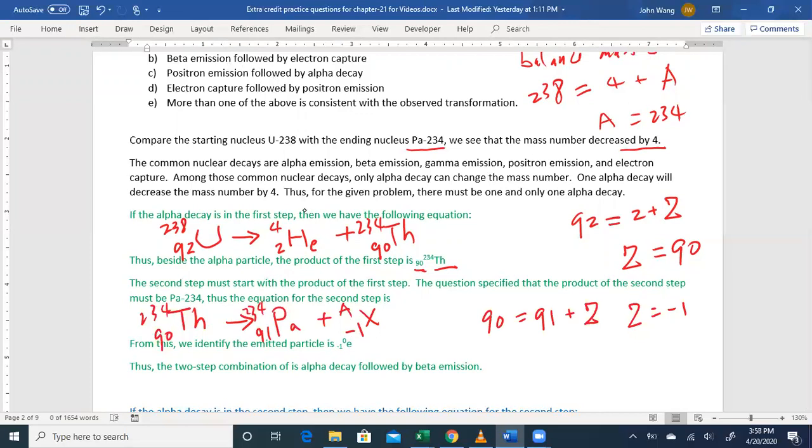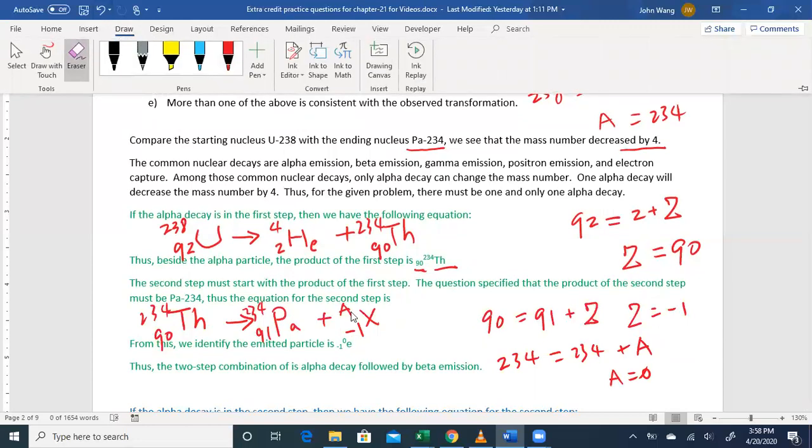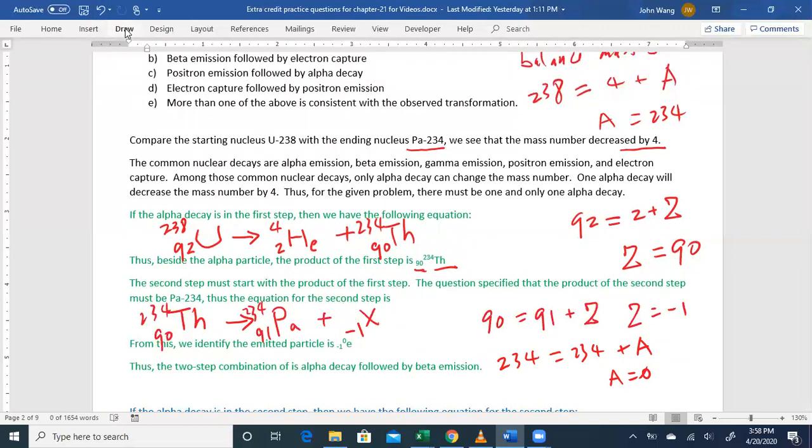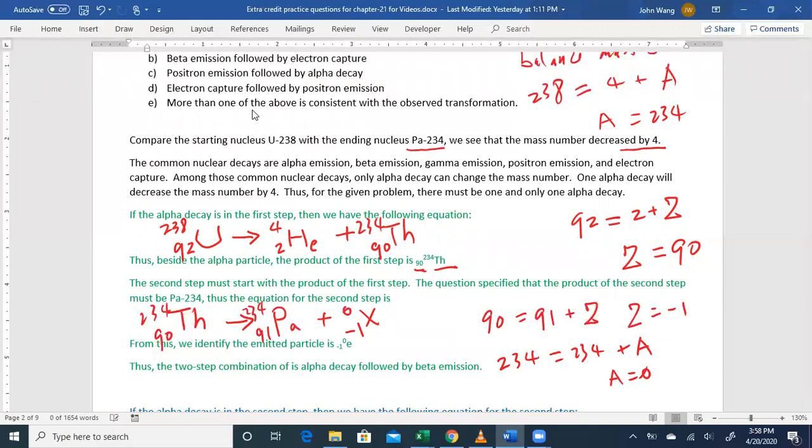To finish this problem, I'll make sure it's right. We check the mass numbers. We have 234 equals 234 plus A. So that means A equals 0. That's exactly the identity of a beta particle, because it has mass but doesn't have a mass number, so it's 0.